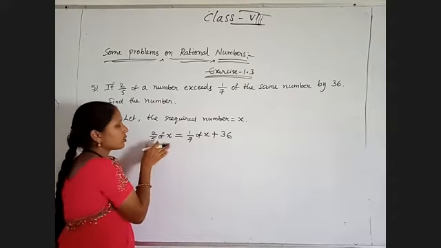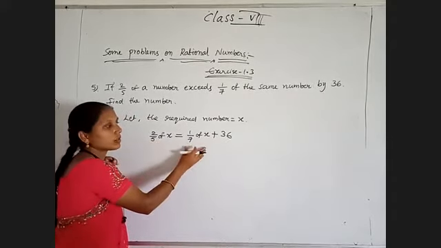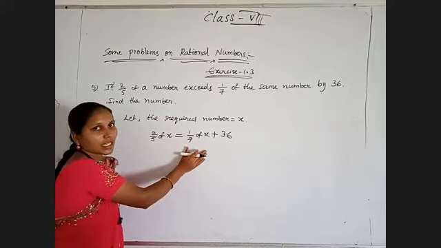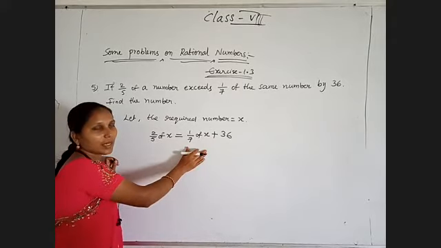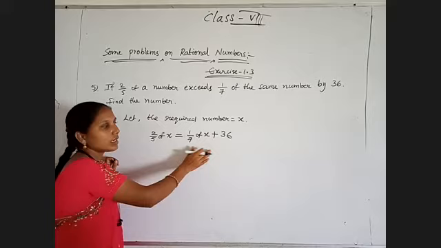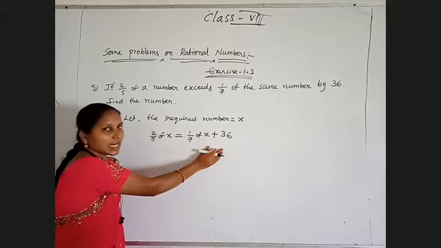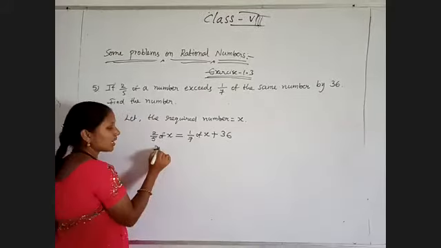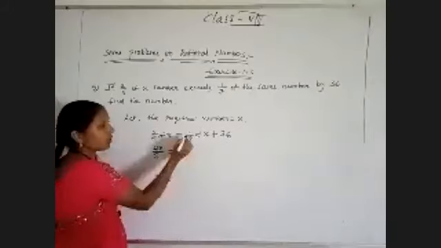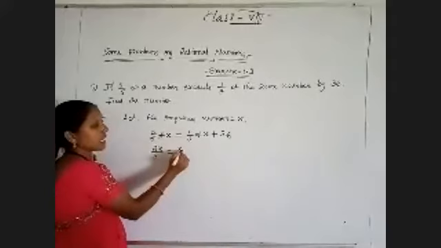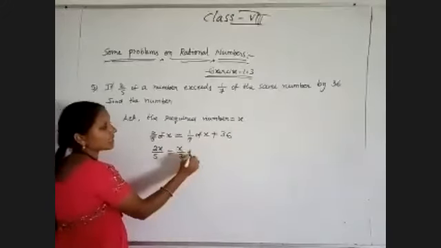So 2/5 of the number is equal to 1/7 of the number plus 36. Now 2/5 into x, that is 2x by 5, is equal to 1 into x, that is x by 7, plus 36.